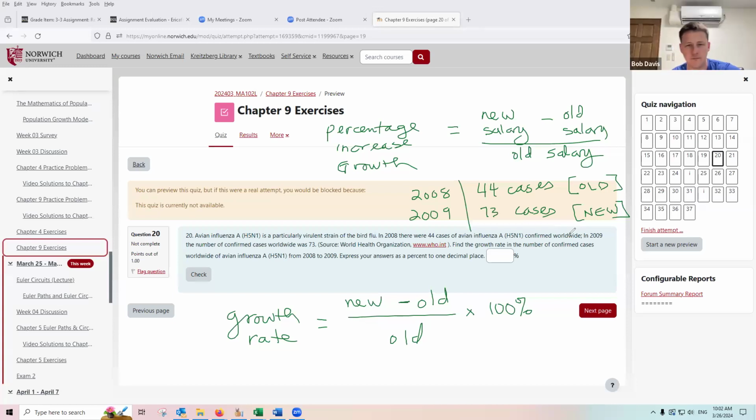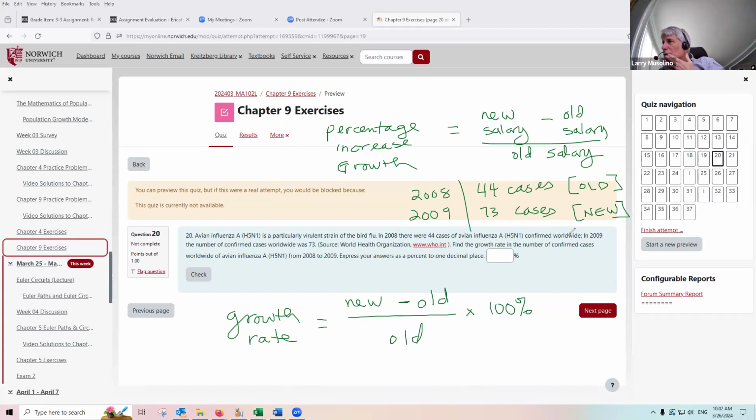And again, try to use this as an example of something you can relate to. I think salaries. Let's say you want to know the percentage increase of your salary this year. You would take your new salary minus your old salary, because that would tell you how much your salary went up this year. Let's say it went up $5,000.